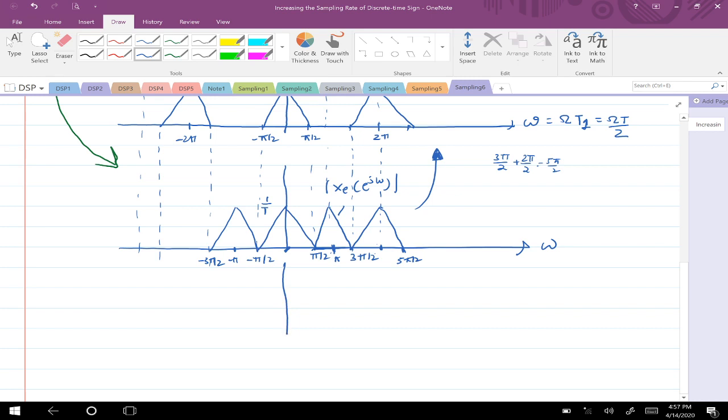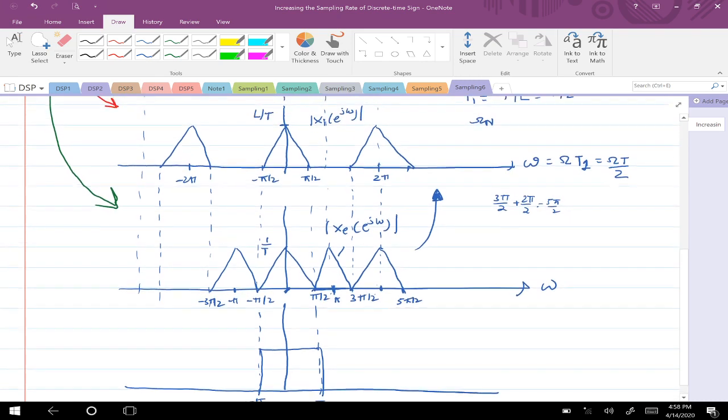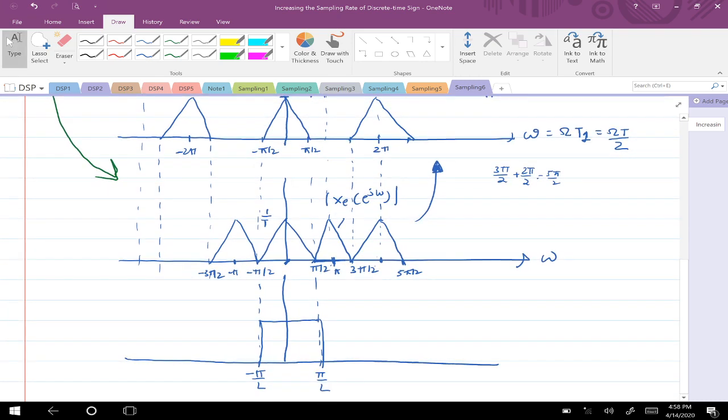You apply a low pass filter, right? So that filter should have a value from minus pi by 2 to plus pi by 2. So if I generalize to L, that essentially should have value from minus pi by L to pi by L. And finally I should get L by T. So this should have a gain of L, correct?